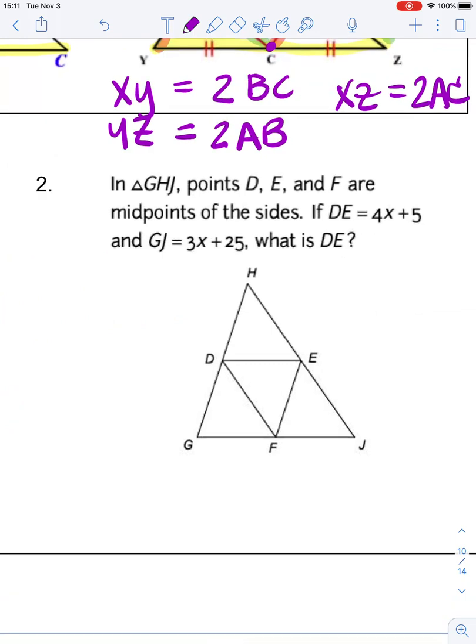So if you have triangle GHJ, points D, E, and F are the midpoints of the sides. So these two are congruent, these two are congruent to each other, and these two are congruent to each other. If DE is 4x plus 5, and GJ, which is this whole thing, is 3x plus 25, what is DE?